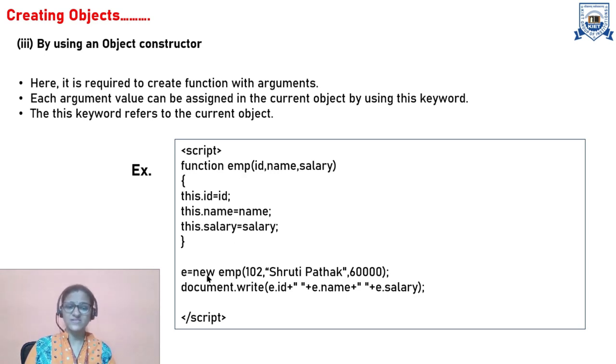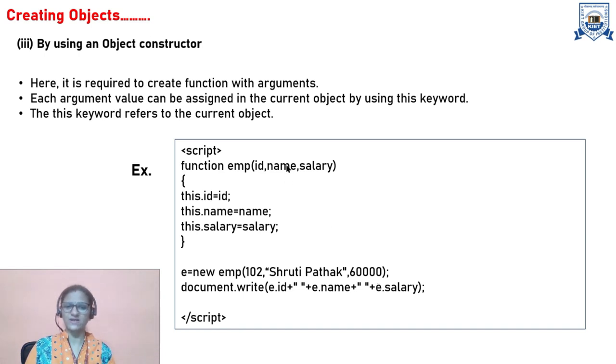So with the help of this new keyword, we are going to make the object, new emp, and assigning it to e. So in this case, e will become our object, because with the help of new emp, it will get all the features of this emp, and we are passing this value 102, Shruti Pathak, and this value 60,000.